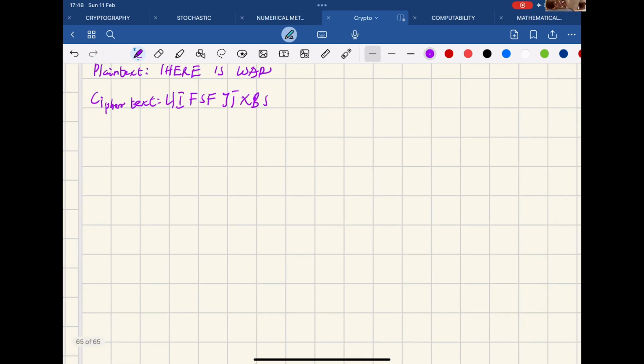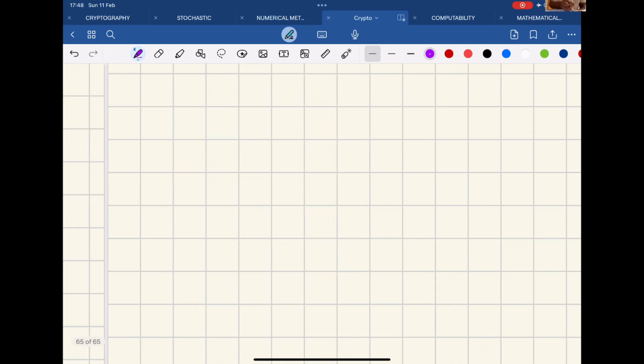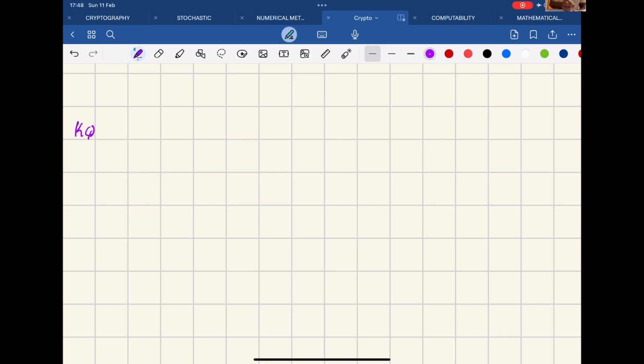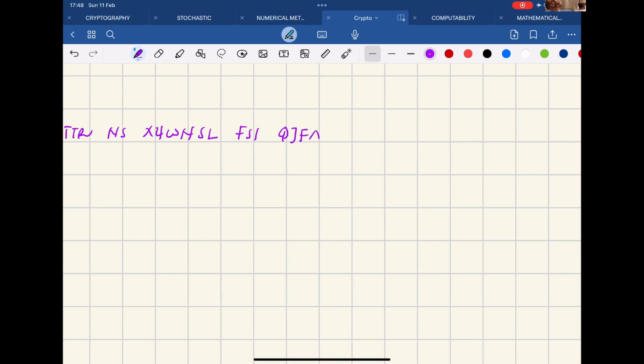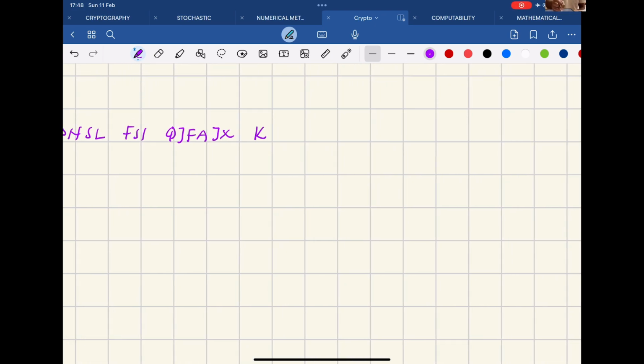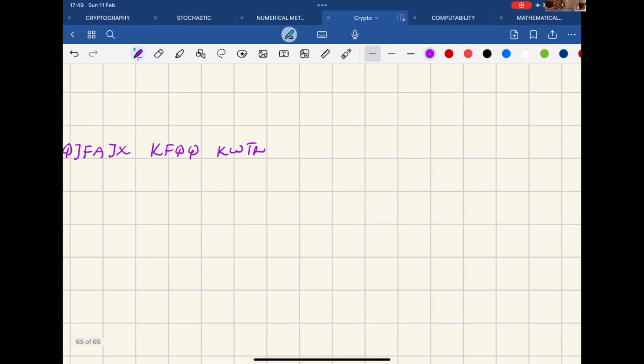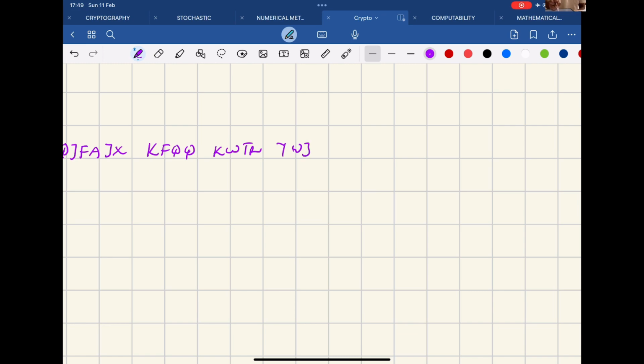So for instance, if I want to send a message, I have the cipher text, which is, say, KQTBGWX, then GQTTRNS, then XUWNXL, then FSI. We have QJFAJX, then KFQQ, KWTR. We have YWGJXNXFZYZRS.